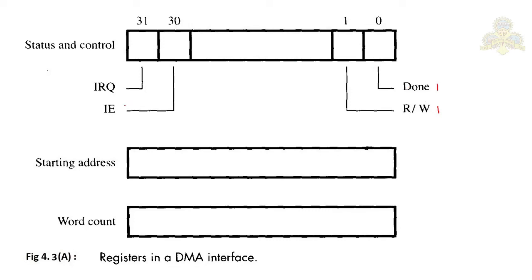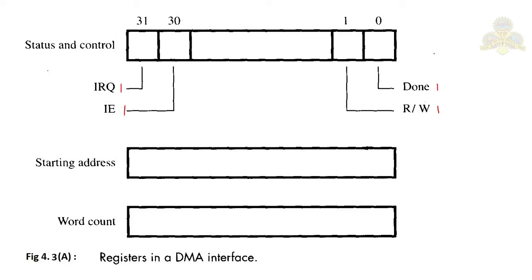When this flag is set to 1, it causes the DMA controller to raise an interrupt after it has completed the transferring of the block of data. Next, the last one is the IRQ bit. This bit is set to 1 when it has requested an interrupt.